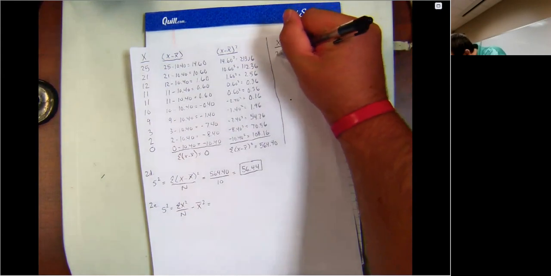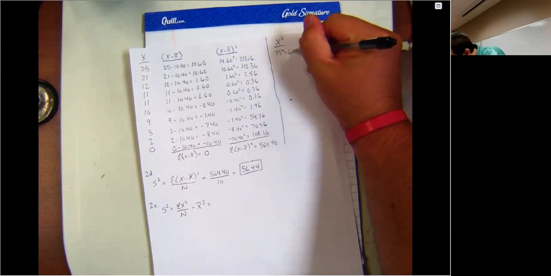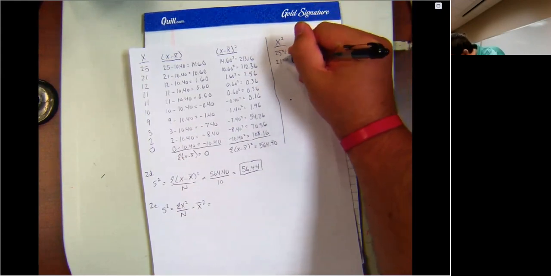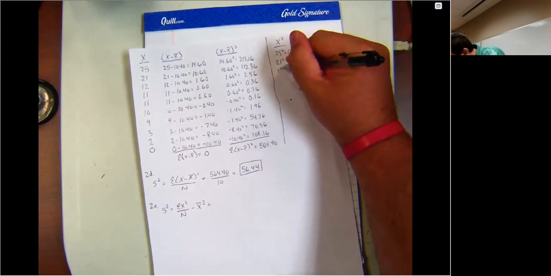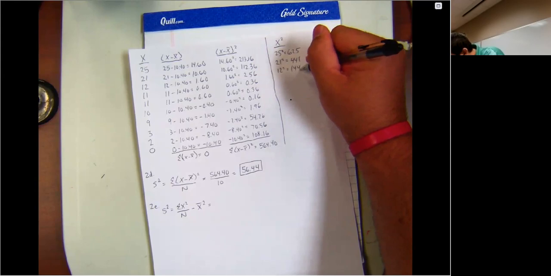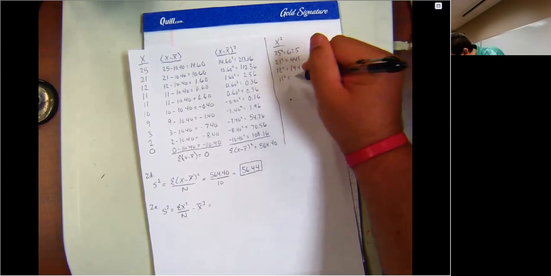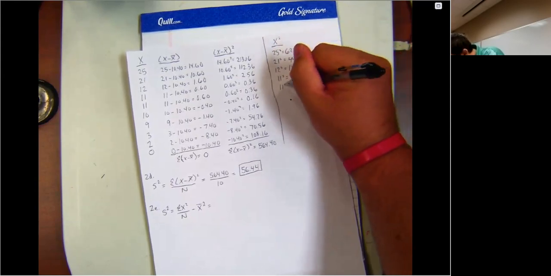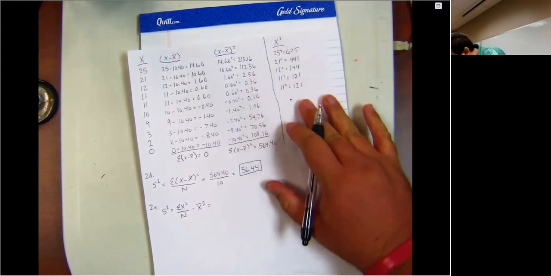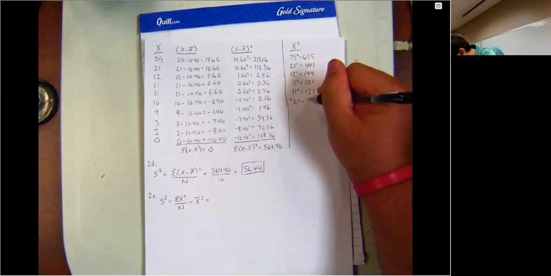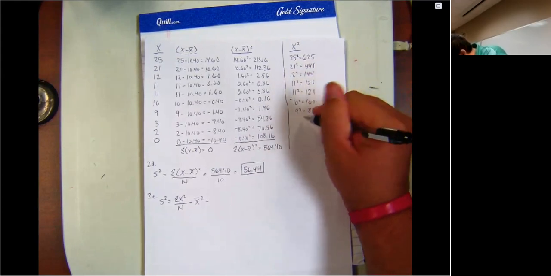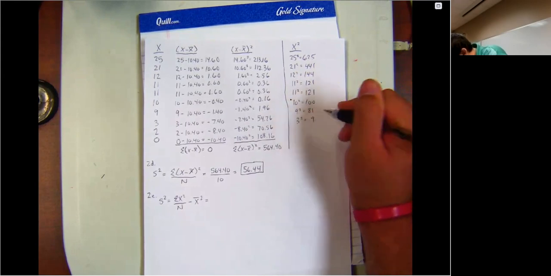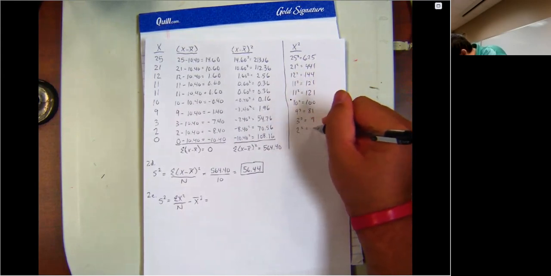So 25 squared is 625. 21 squared is 441. 12 squared, 144. 11 squared, 121, and we have two of those. 10 squared is 100. 9 squared is 81. 3 squared is 9. 2 squared is 4.